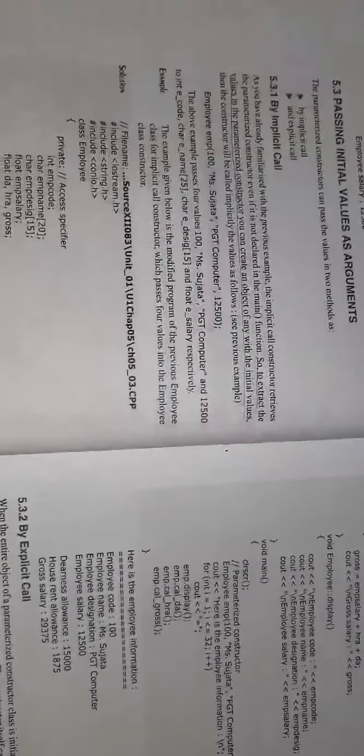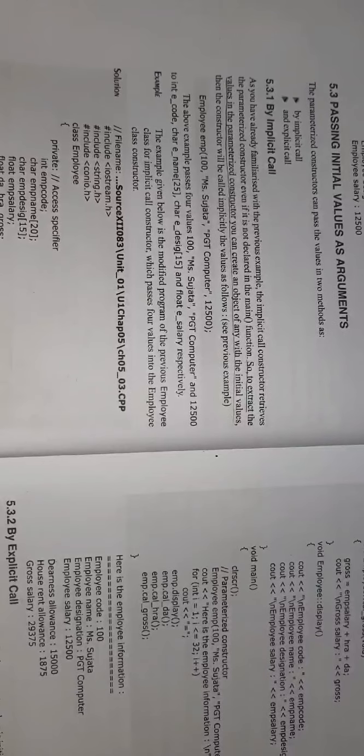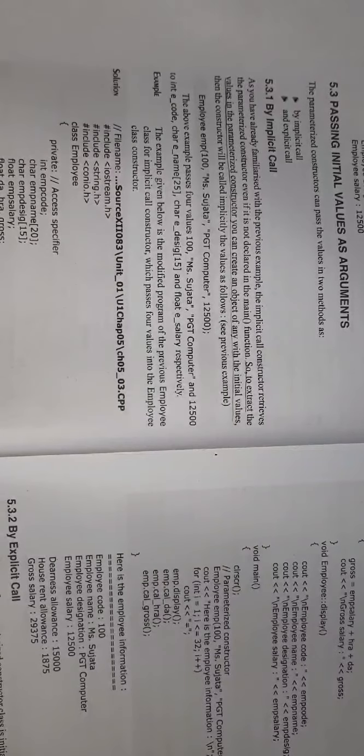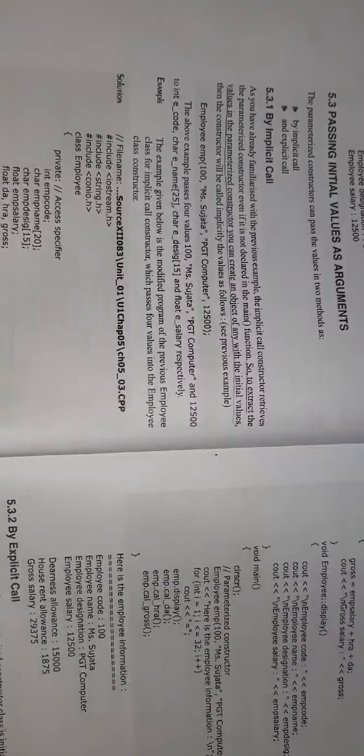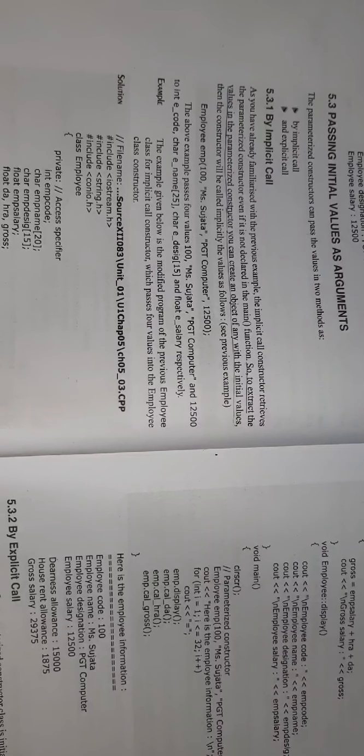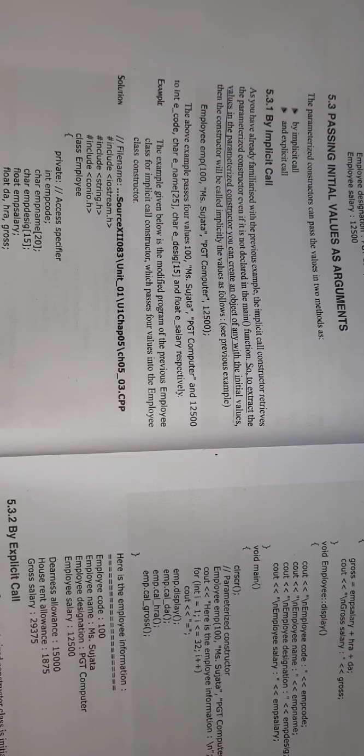Now we move on to the next topic. There are two methods through which a parameterized constructor can be passed, that is, by implicit call and explicit call.